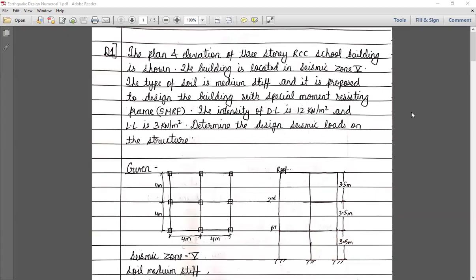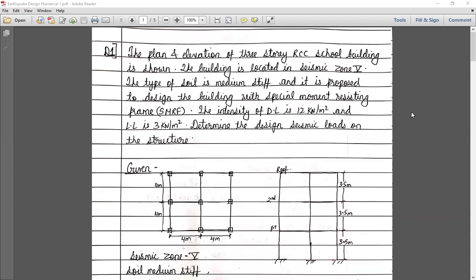Okay, so this is a question of the numerical by seismic coefficient method. So what does it say? The plan and elevation of a 3-story RC school building is shown. The building is located in seismic zone 5. The type of the soil is medium stiff, and it is proposed to design the building with special moment resisting frame.